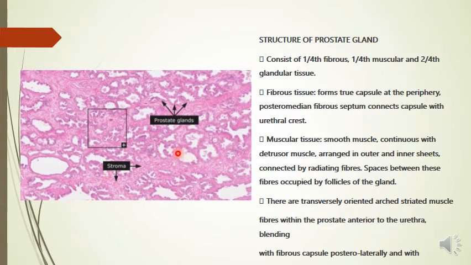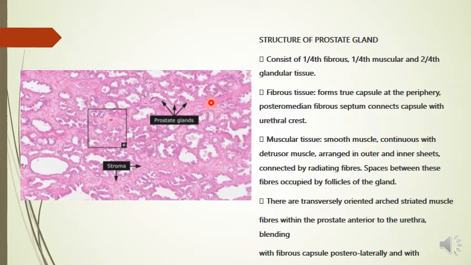So all this area what you are seeing is the glandular tissue, and this one here is the fibromuscular stroma. So 1/4 of the collagen fibers and 1/4 of the smooth muscle fibers we are going to see here. And fibrous tissue forms the true capsule at the periphery. That is nothing but the true capsule is condensation of the fibromuscular stroma, right?